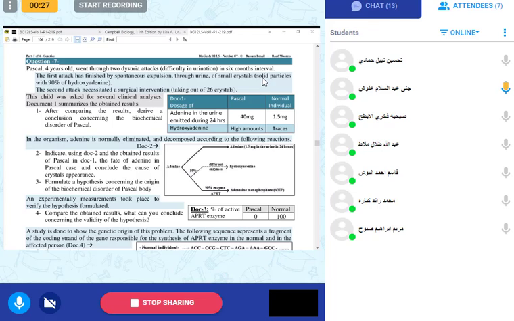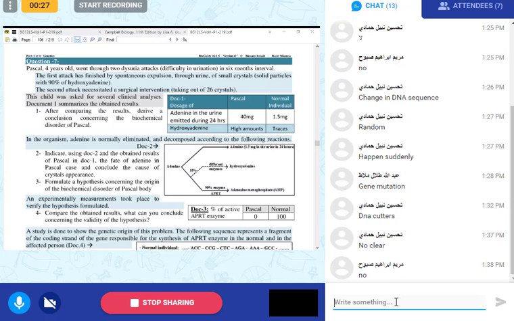So he has extra. So he has an excess of adenine, so he has a problem in eliminating adenine. His body cannot decrease the amount of adenine from 40 to 1.5. But hydroxyadenine is like a product of adenine.